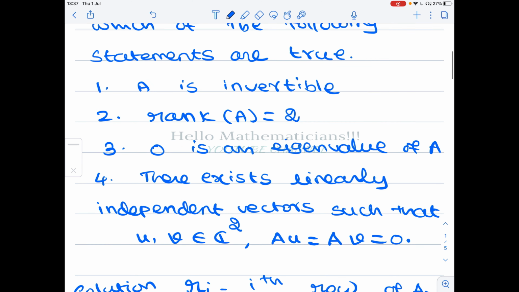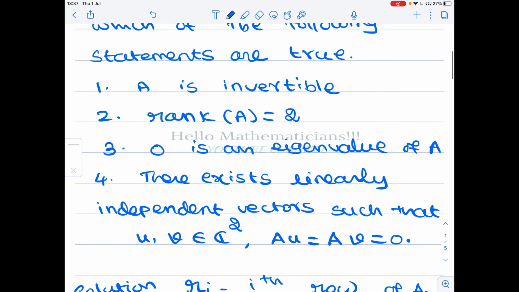This will give you three vectors, each of them a vector in C cube, correct? Over C, it is a vector. So we have three vectors from C cube, and the first vector is a scalar multiple of the second vector. So these two vectors are linearly dependent, right?